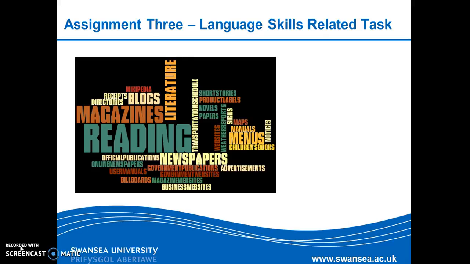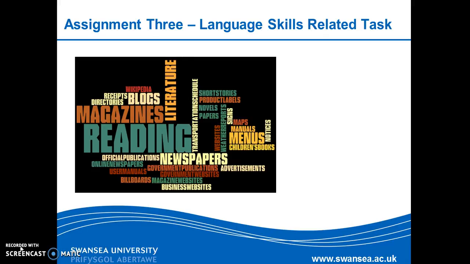For this assignment at Swansea University, you are asked to create 2 receptive skills tasks based on the material which you have selected. So here it is important not only to be able to design tasks, but to understand how those tasks relate to the specific skills development either of reading or listening.